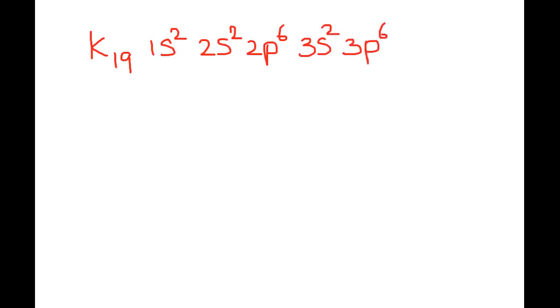Remember, till here it makes 18 and 4s2 makes it 20. But here, since it is only 1 electron, it will be 4s1. Okay, so this is the electronic configuration with atomic number 19, and the valence electron of potassium is in 4s1.